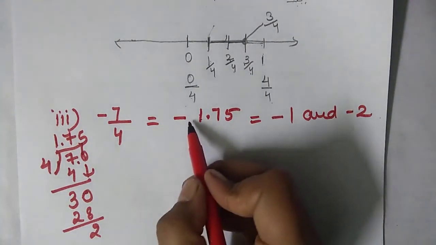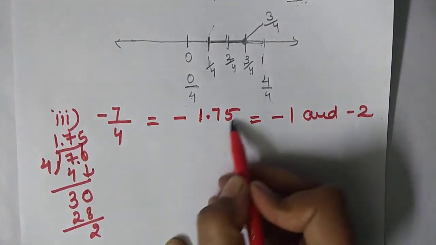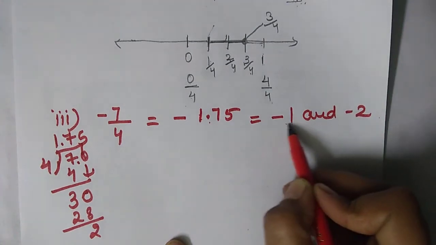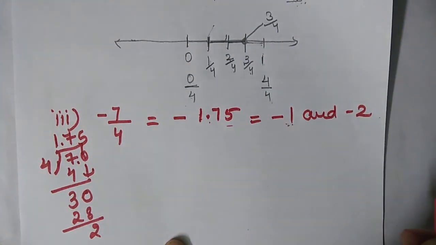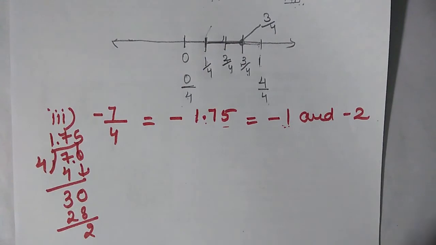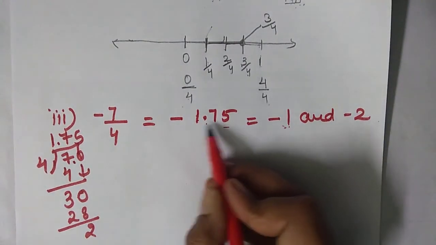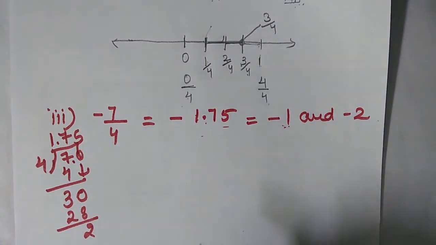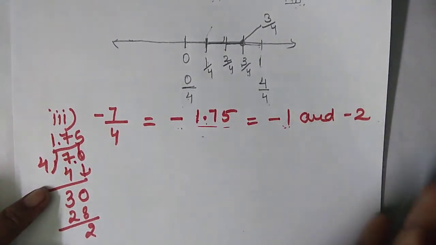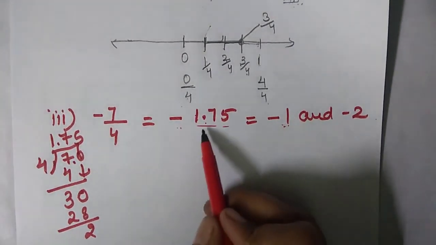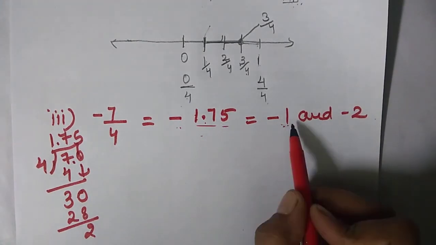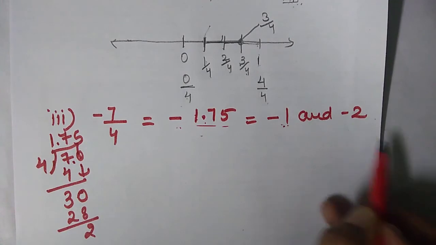How? Because this minus 1.75 is greater than minus 2, but it is less than minus 1. So I have to take one integer which is just greater than the given number, and one integer which is less than the given rational number. Now minus 1.75 I have to represent, and this will lie between minus 1 and minus 2.